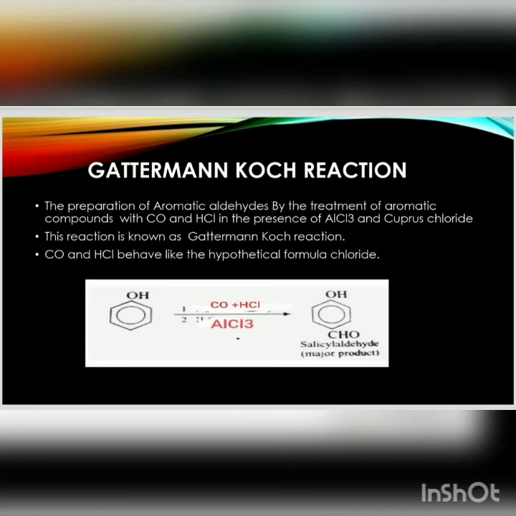In this reaction, CO and HCl behave like the hypothetical formyl chloride. So this reaction is known as the Gattermann-Koch reaction, the preparation of aromatic aldehydes from CO plus HCl in the presence of AlCl3.